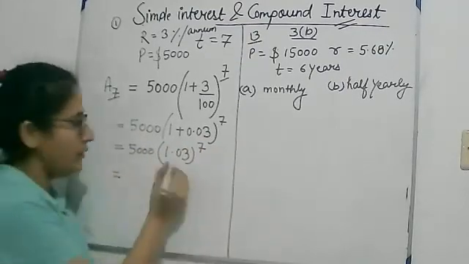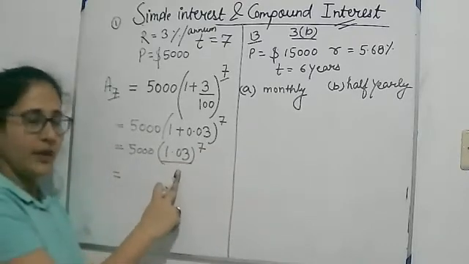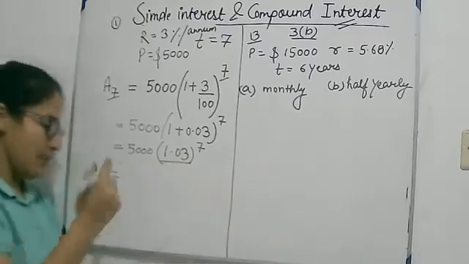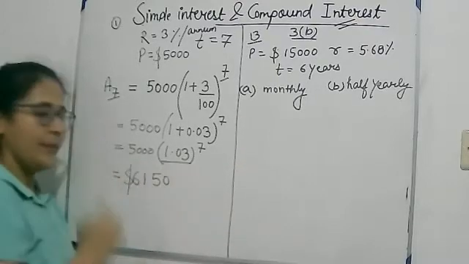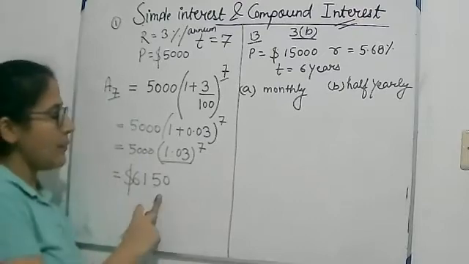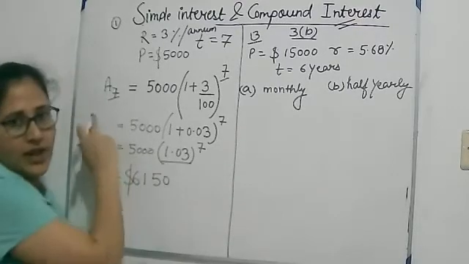Use your calculator, find the value of this, then multiply by 5,000. You will get $6,150. So this is the amount which we have to pay at the end of the 7th year.